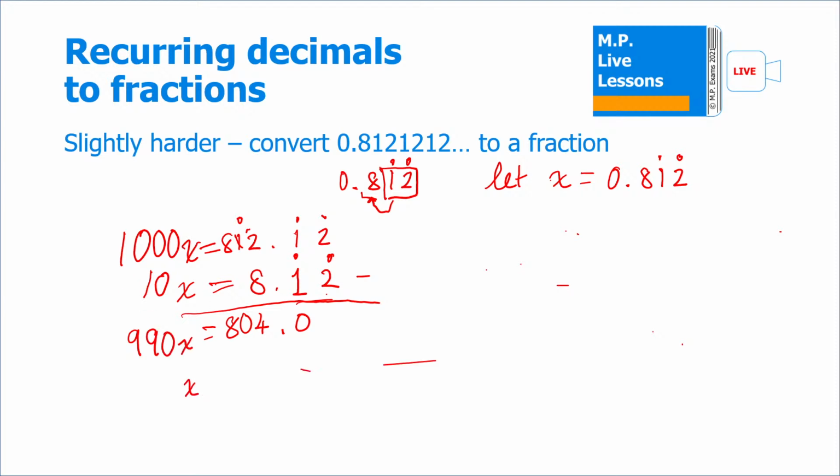Then you divide both sides by 990 to get x on its own. You're left with 804 divided by 990. This would be simplified to 134 over 165 eventually.